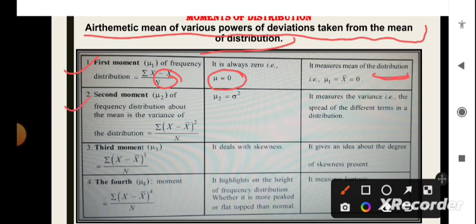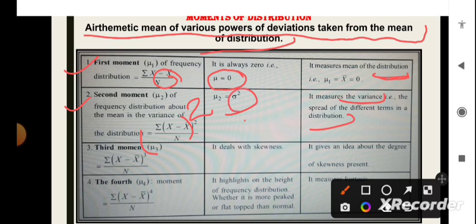The second moment of distribution tells us about the variance and it measures the spread of the different terms in a distribution. The second moment of distribution is given by the first moment to the power of two, and it is represented by sigma square.